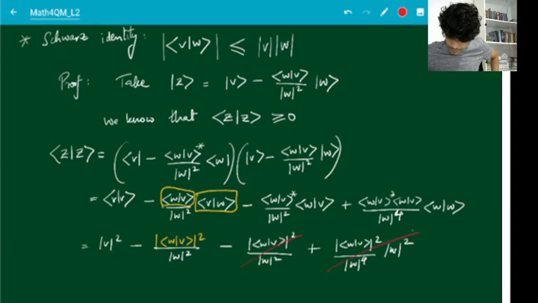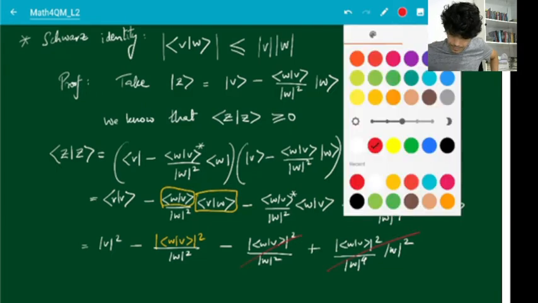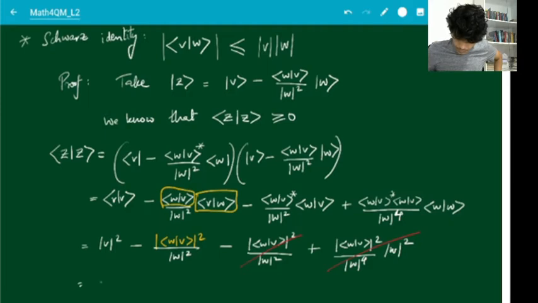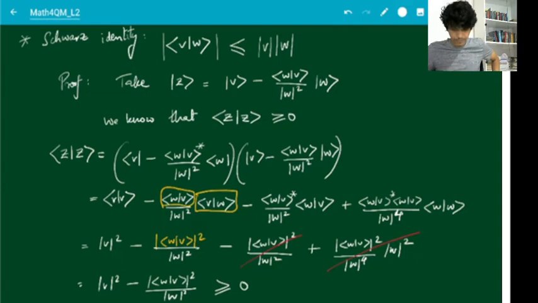This and this, they're exactly the same. So I end up with mod v squared minus this. And this has to be greater than or equal to 0, because the inner product of z and z has to be greater than or equal to 0.